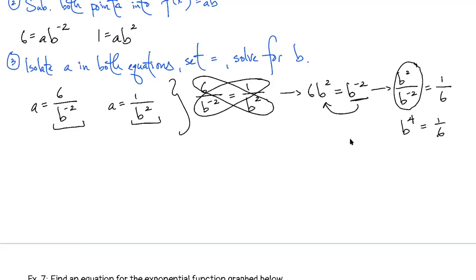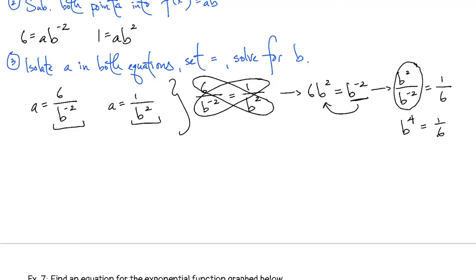All right. We got one last step to get b by itself. How do we get rid of that 4? Yeah, exactly.